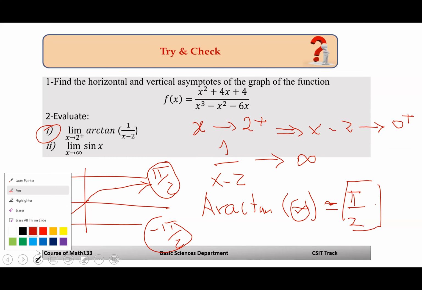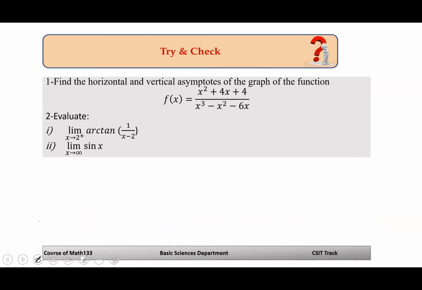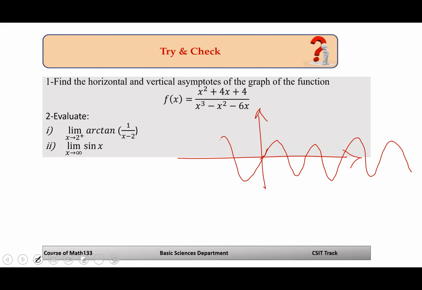What about the limit of sine x when x approaches infinity? Look at this. The graph of sine is something like that. It continues forever like that. If we think about x going to infinity, clearly there is no value that the function is approaching.